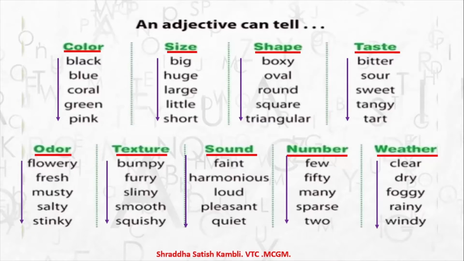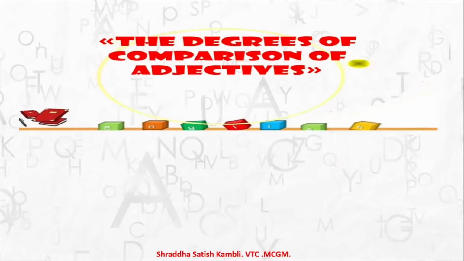Okay? Then we move on and we talk about degrees of comparison in adjectives. So I told you, generally we are going to talk about adjectives, and in particular we are going to talk about degrees of comparison. So come on, let us start and let us see what is the meaning of degrees of comparison in adjectives.